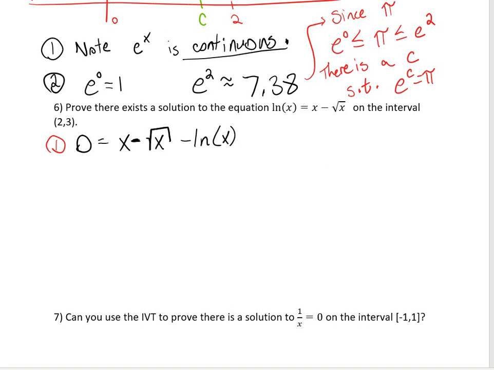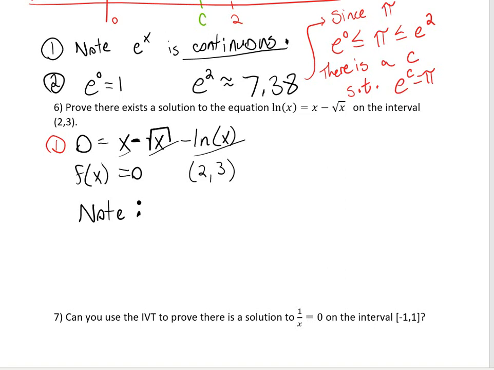Now, what we want to show is that f of x, this function here, equals 0 somewhere between 2 and 3. Here's something you have to note, just like we did up top: x is a continuous function, the square root is a continuous function, the natural log is a continuous function.